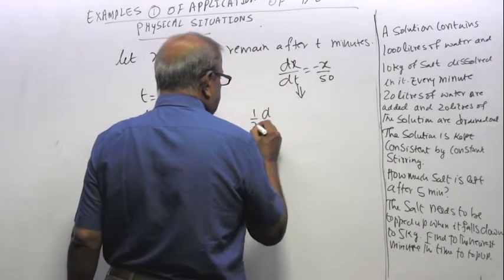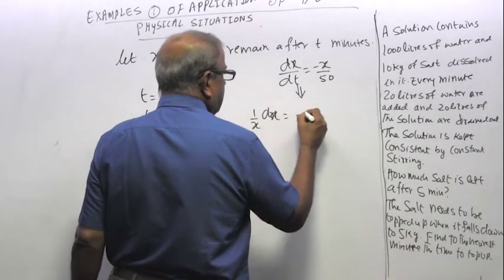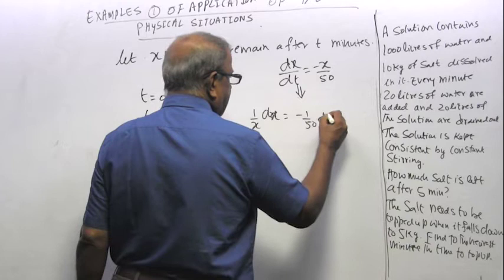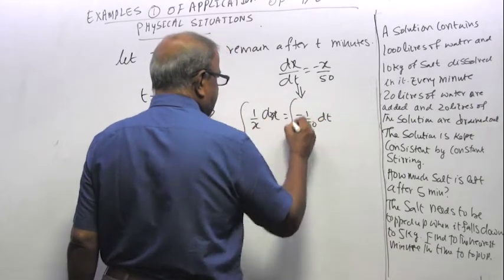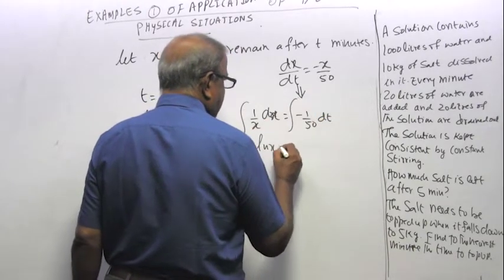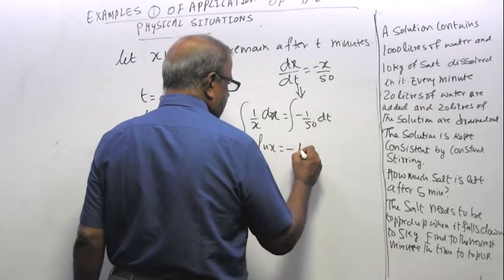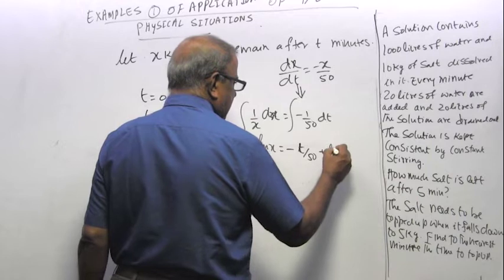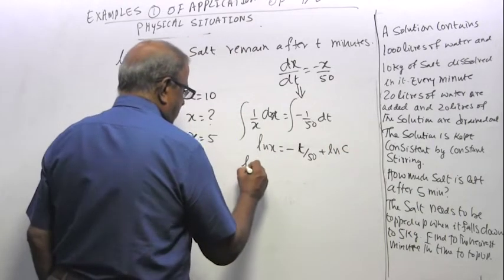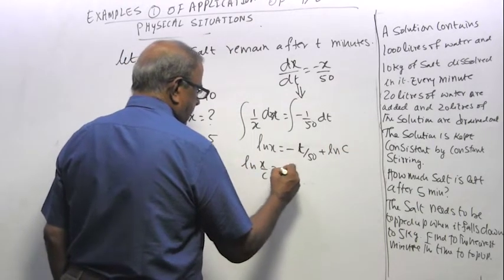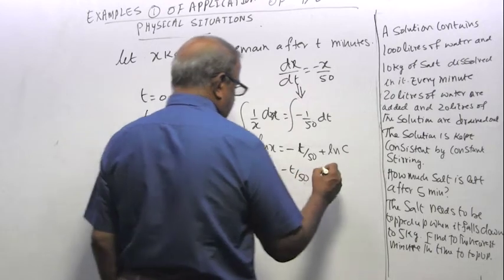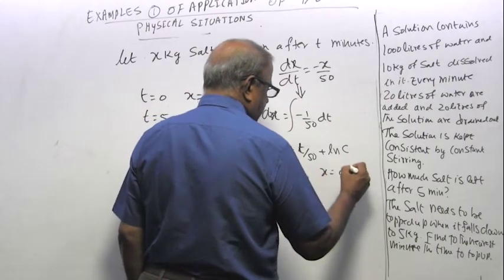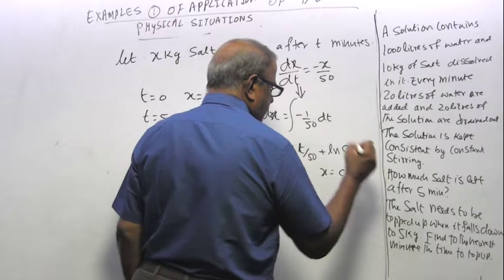So 1 over x dx is equal to minus 1 over 50 dt. Integrate: ln x equal to minus t over 50 plus ln c. So ln x over c equals minus t over 50, x equal to c e power minus t over 50.